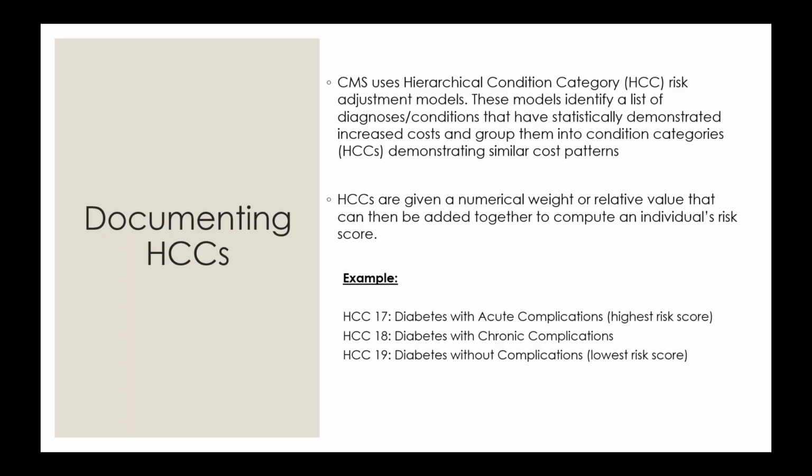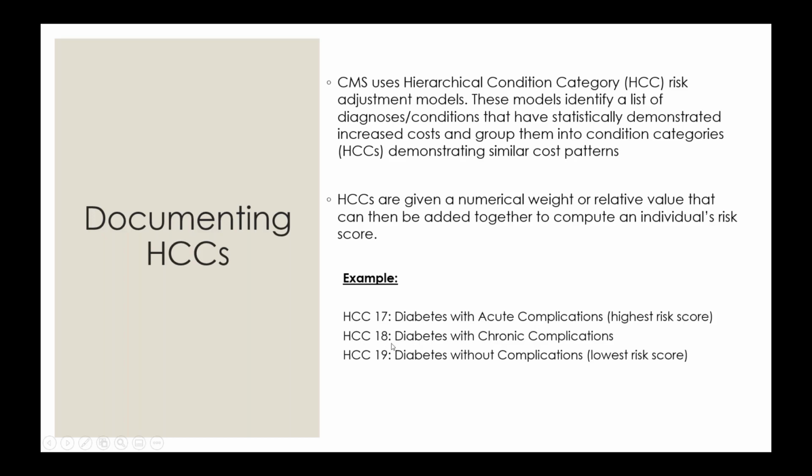And HCCs are given a numerical weight or relative value that can be added together to compute an individual's risk score. So as again, here you'll see HCC category 17 is diabetes with acute complications, and that will give you your highest risk score.